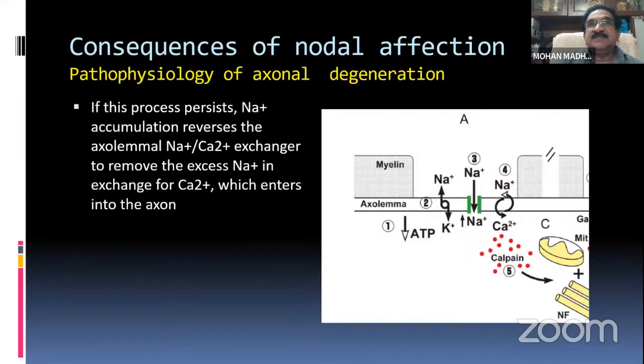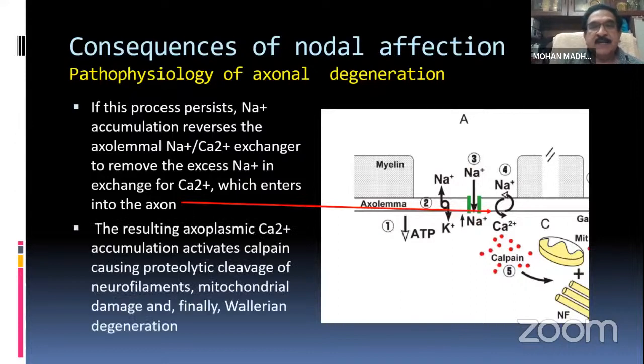So this exchanger will try to push out the sodium from the axon to the extracellular fluid. In that bargain, the calcium enters the axon. The calcium ions will stimulate the calpain, causing proteolytic cleavage of the neurofilaments, mitochondrial damage, and finally Wallerian degeneration.